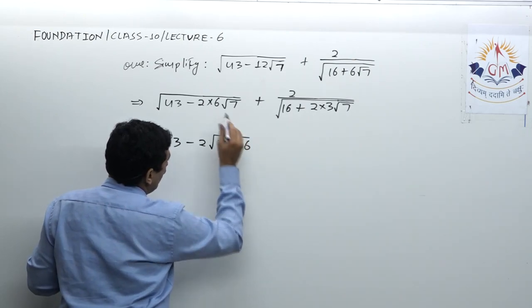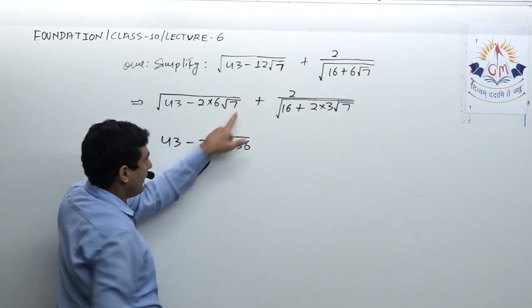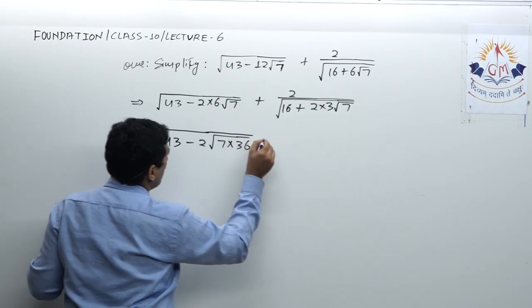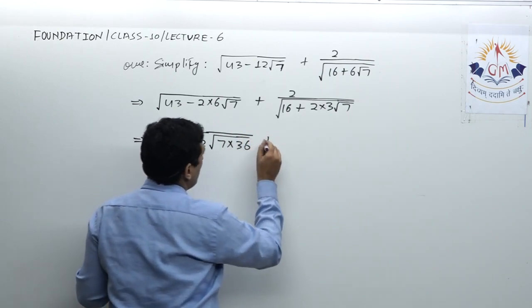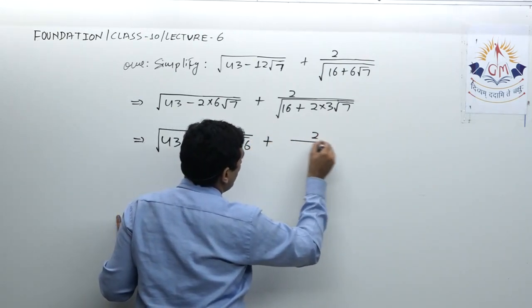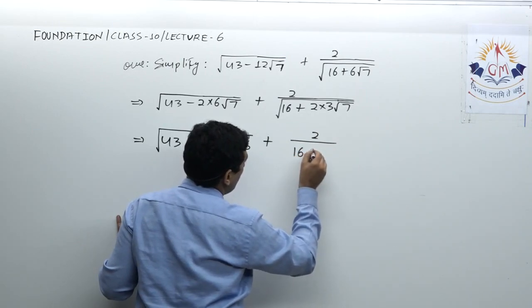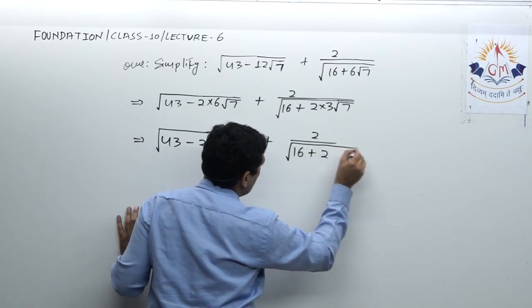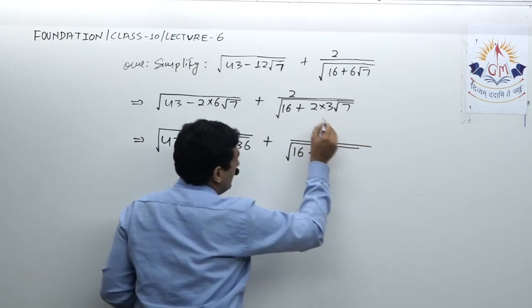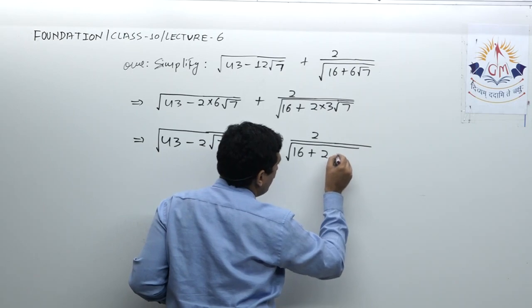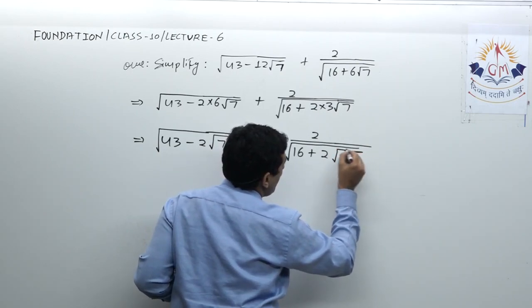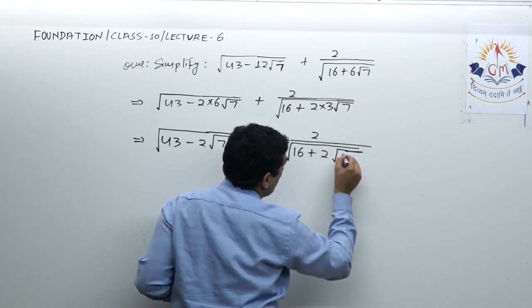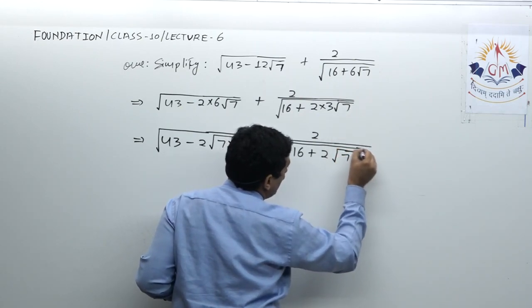What I am doing, I am taking this 6 inside the square root sign, so this will become 6 and its square root, then plus 2 upon 16 plus 2. Now again I have to take this 3 inside this, so over here it will become 9, so 7 multiplied by 9.